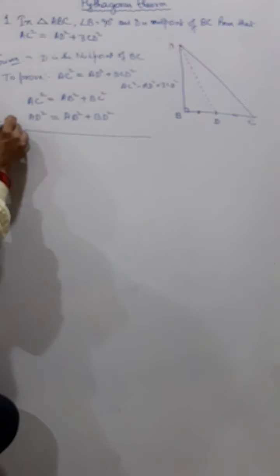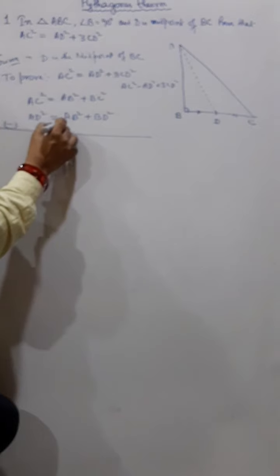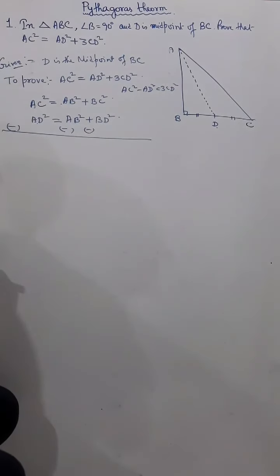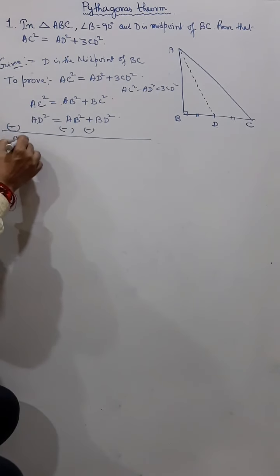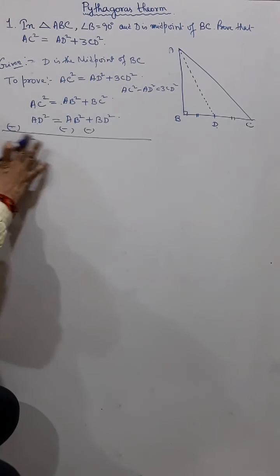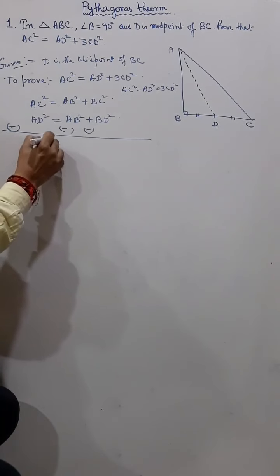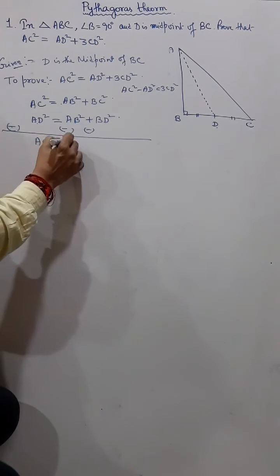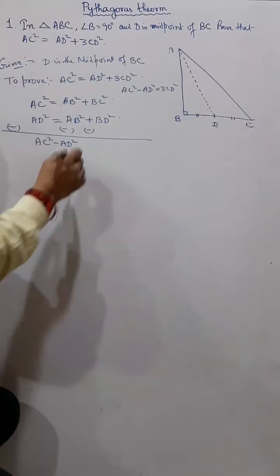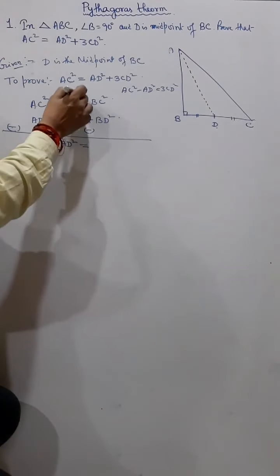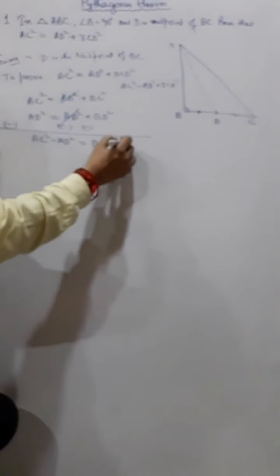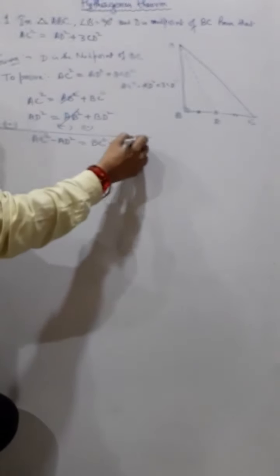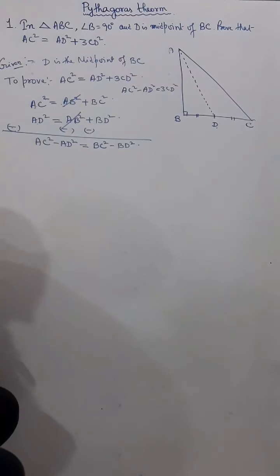If I subtract them like this, I get AC square minus AD square. Then AB square and AB square cancel, and what we got is BC square minus BD square.